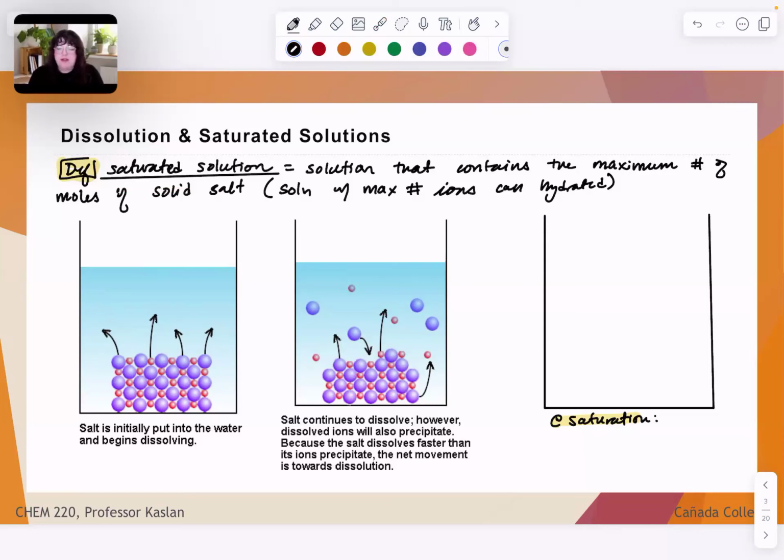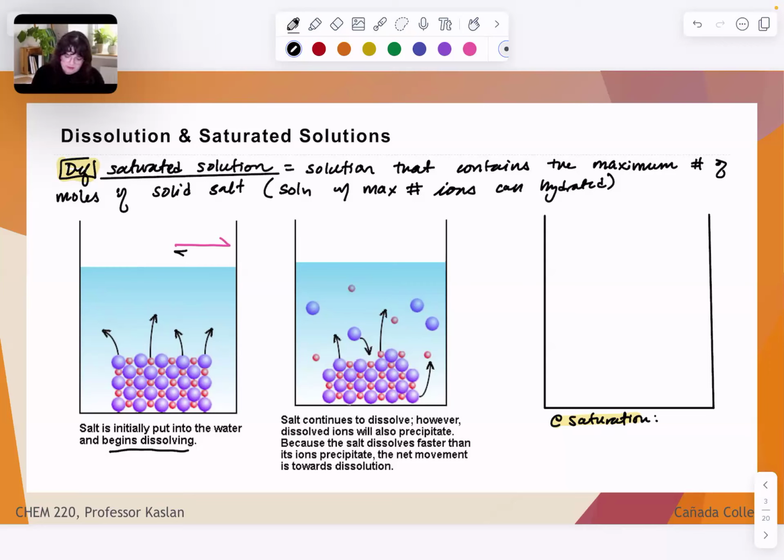For any salt, regardless of its dissociation strength or equilibrium, the moment you put it in water, there is going to be some initial dissociation. Just when that crystal hits the water, what's going to happen to those ions? Those ions are going to be driven into the aqueous state, meaning the rate of dissociation is going to jump ahead of the rate of reassociation.